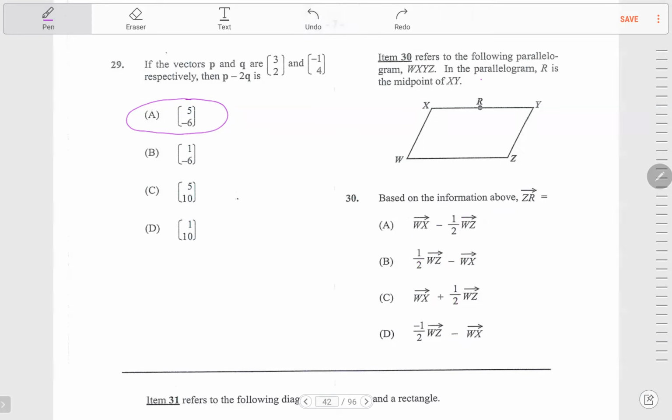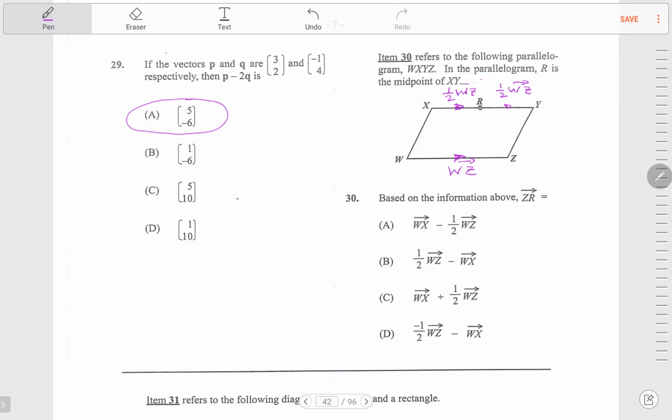So this is one primary direction, WZ. If that is WZ, then up here is also WZ. But because R is the midpoint, this is half of WZ. That's WZ over 2, this vector up here, because of the parallelogram. And this also is half of WZ.